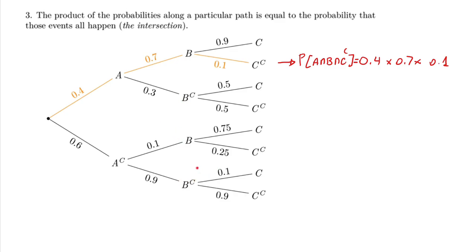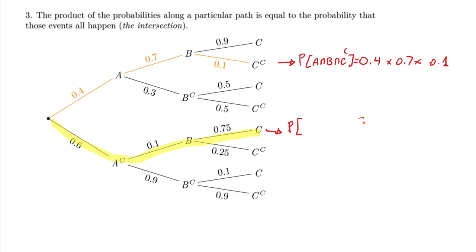So let's choose another intersection here. Let's say this intersection here. What is the probability, if I ask you, given by the multiplication of these probabilities here? So I'm taking a path, right?